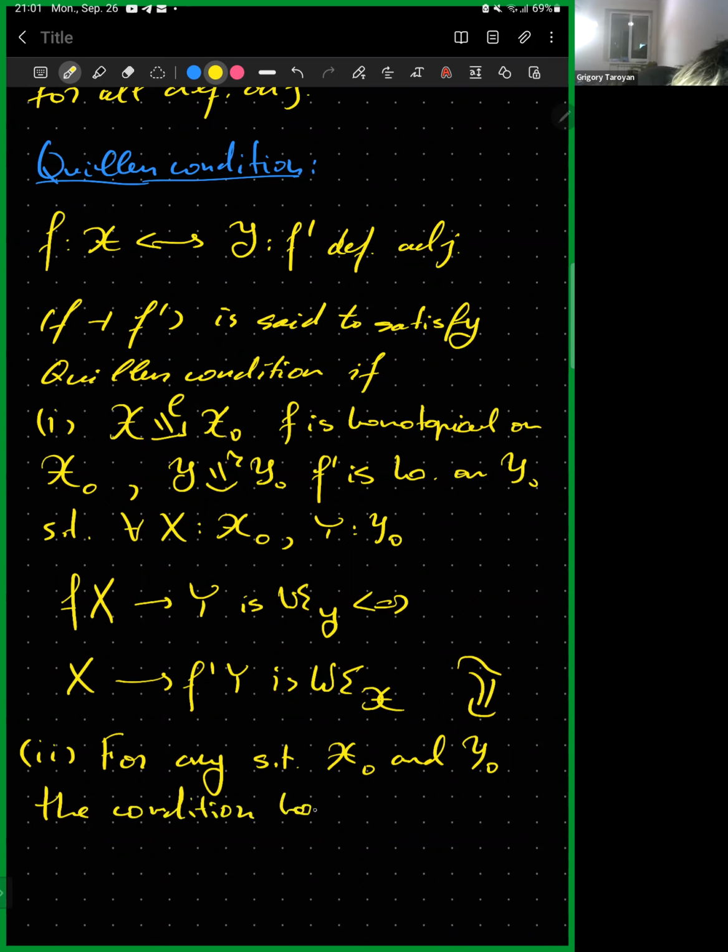So not only on certain left and right retracts X0, Y0, but on any such left and right retracts.